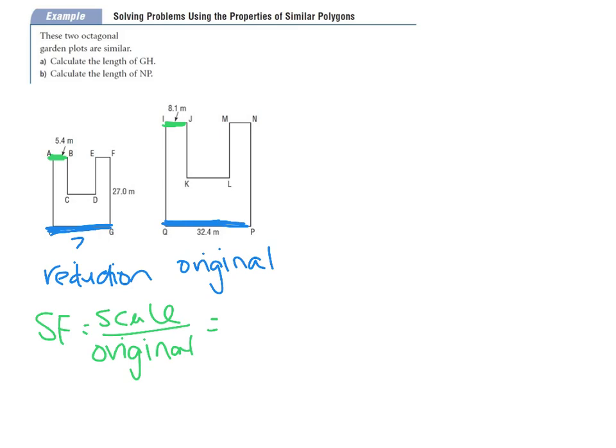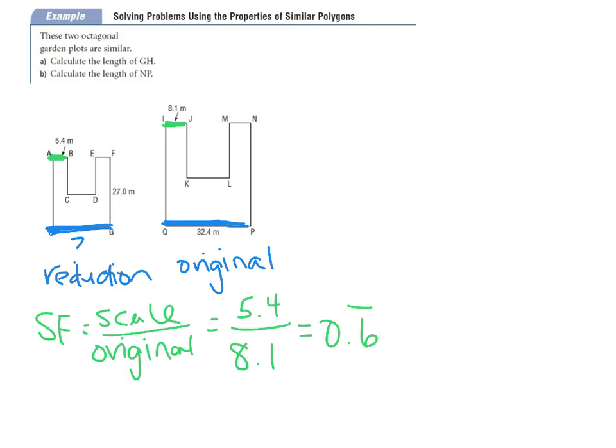In this case, we would have 5.4 divided by 8.1. Here's my scale diagram. Here's my original. So we end up with an answer of 0.6 repeating, or 0.67.